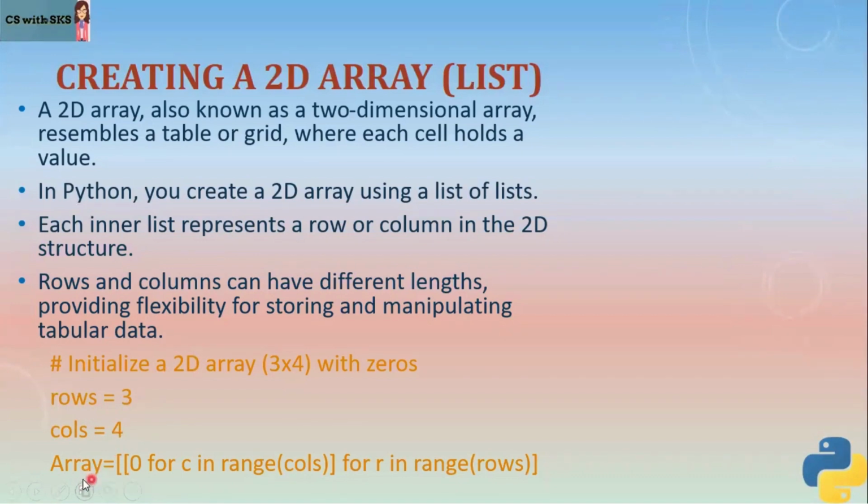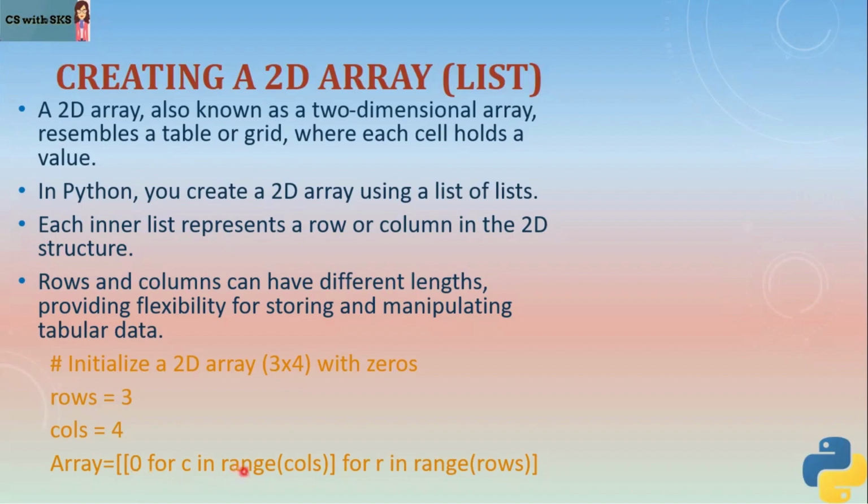Array is the name of the array, and I have initialized it using this one statement, which is basically a short form for nested loops in order to initialize each and every element of a 2D array with some value. Here I'm initializing it with 0.